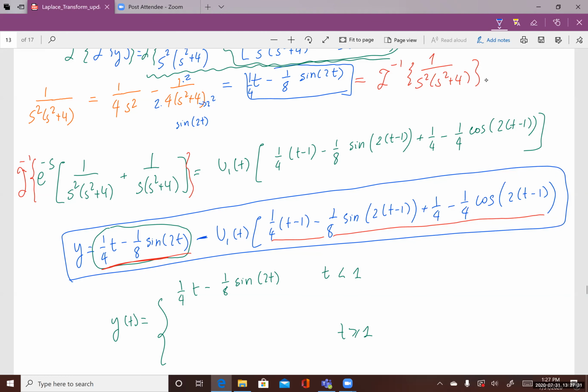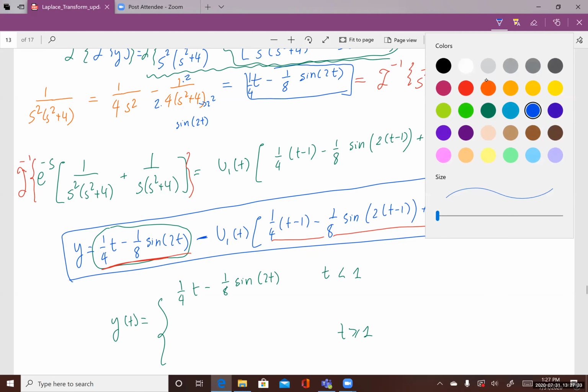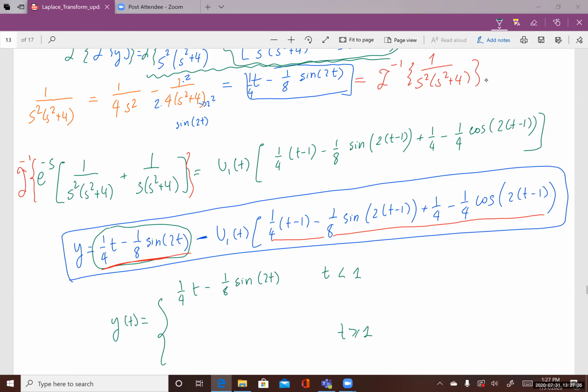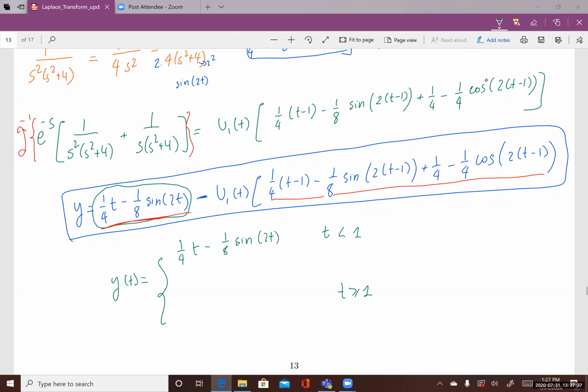Okay, be careful with all the signs. Do it in your mind. I can try to simplify this real quick. So in this case, I have 1/4 t minus 1/4 minus 1/8 sine of 2(t minus 1) plus 1/4 minus 1/4 cosine of 2(t minus 1).